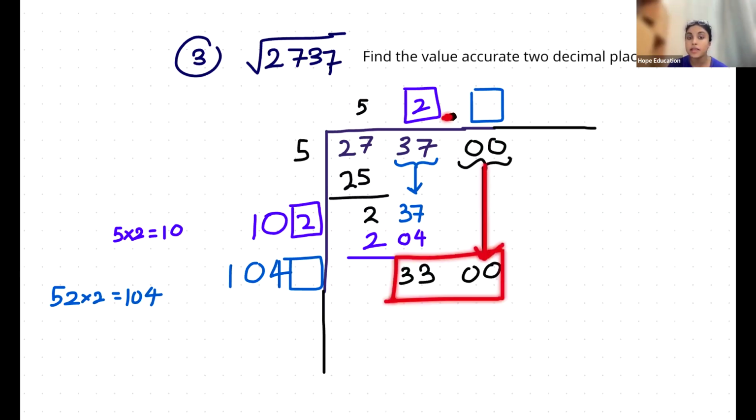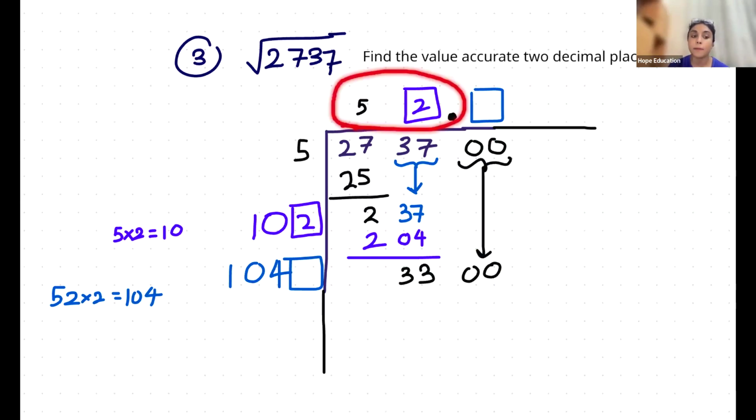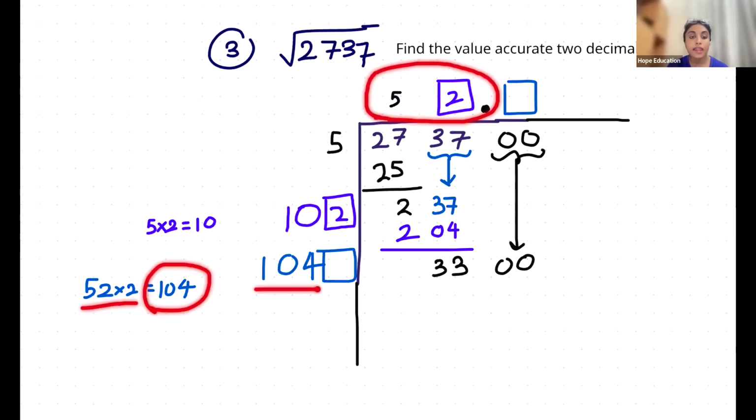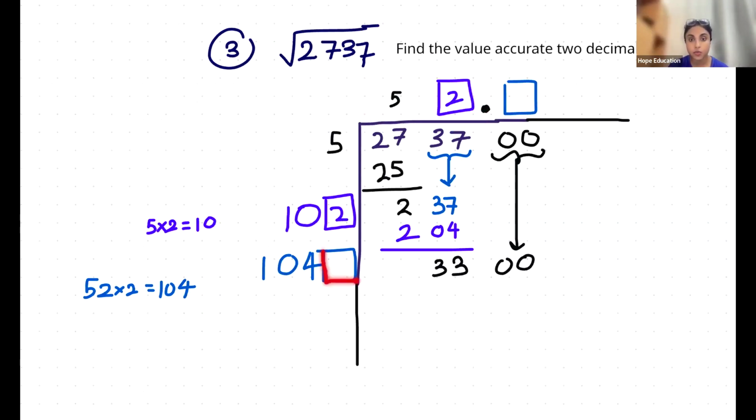Now my next step is I have to keep finding values. The number that is remaining at the top is 52. Right? I take the double of 52, which is 104. Okay? And I put that 104 here. And I need to put another number here, just like the previous one.